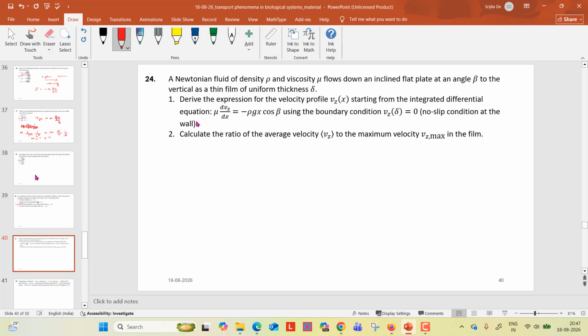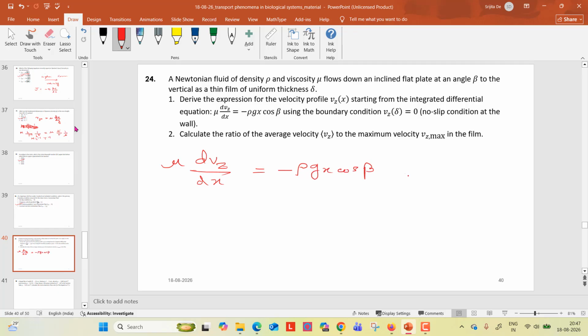Calculate the ratio of the average velocity to maximum velocity. Okay. So now the differential equation is given, right? So mu dvz dx equals the stress, which is minus rho gx cos beta, right?